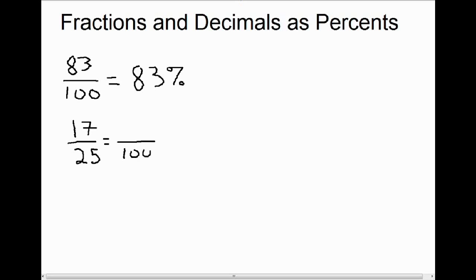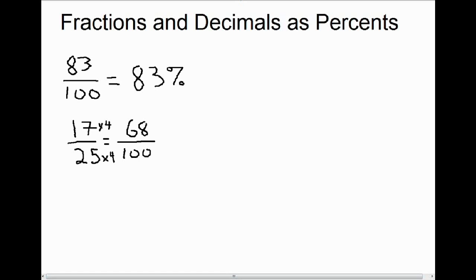Well, the nice thing here is we're able to write equivalent fractions, because we can change 25 to 100. To change 25 to 100, we multiply it by 4. So that's what we have to do to 17 as well. We have to multiply it by 4. And when we do that, 17 times 4 is 68.